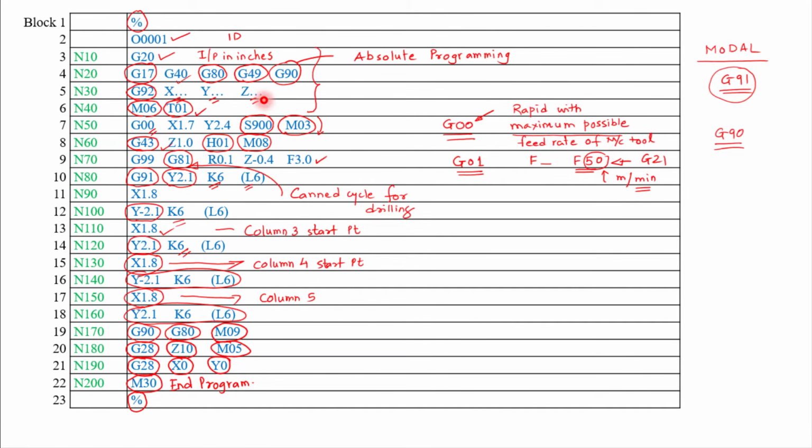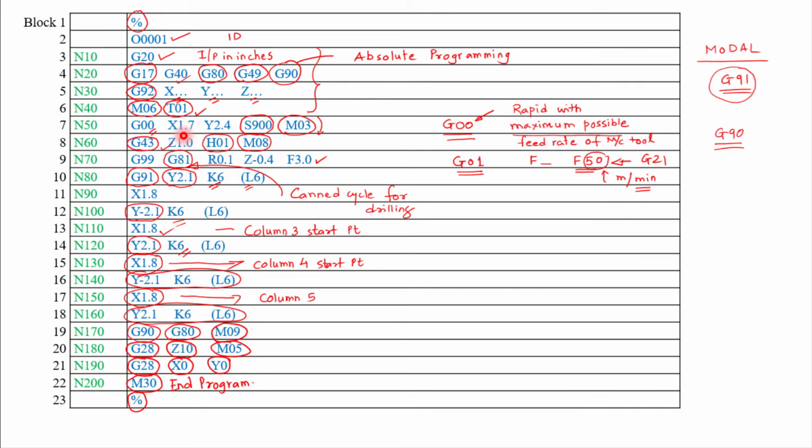So from the home position, the controller will come to X 1.7, Y 2.4 in a rapid way, that is G00. But it is at a considerable distance from the top portion of the work part. So it is just moving in the XY plane, it is not moving in the Z plane.